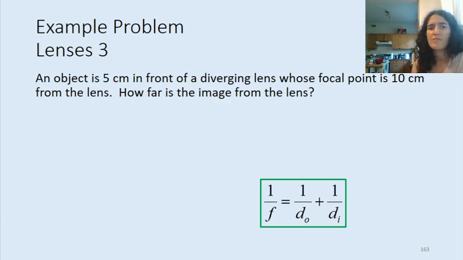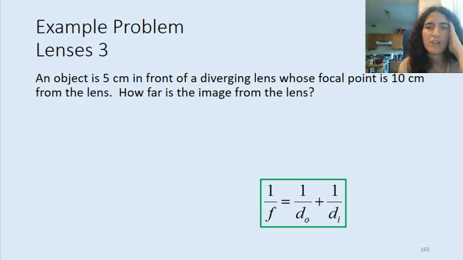Okay, an object is 5 centimeters in front of a diverging lens whose focal point is 10 centimeters from the lens. How far is the image from the lens? Okay, so here, because it says it's a diverging lens, it says the focal point is 10 centimeters, but that means that you would use a focal length of minus 10 centimeters, right?